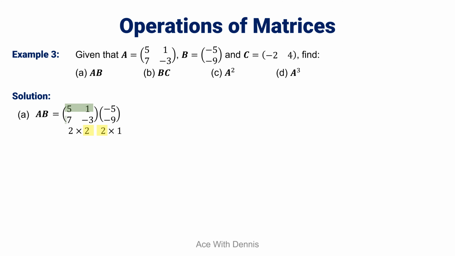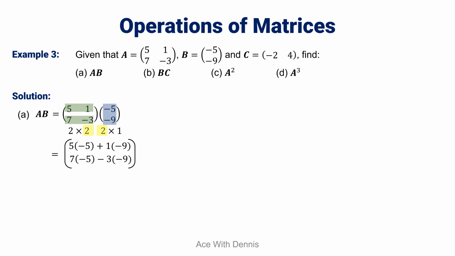So visually group the first matrix horizontally and visually group the elements in the second matrix vertically. Then to multiply these two matrices together, the first element will be 5 times -5 plus 1 times -9.